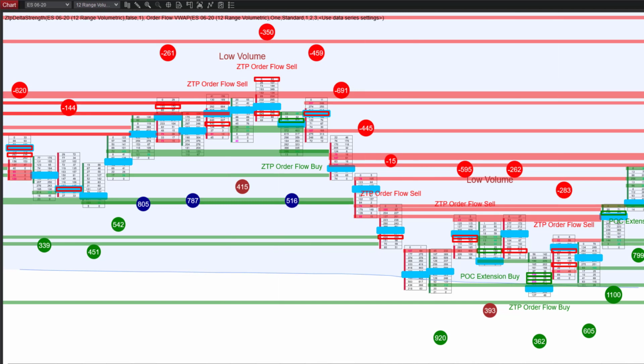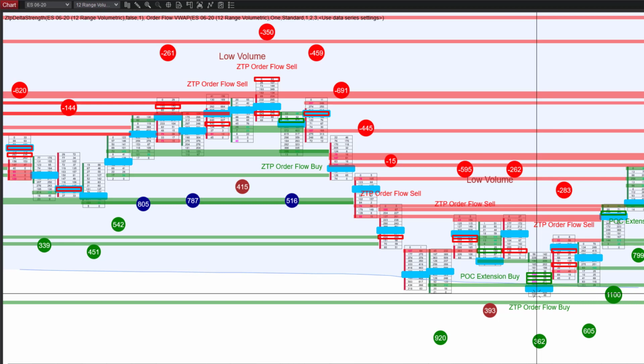Now, as price trades lower, we see our first warning sign that a bottom is being put in right here. We then have a POC extension buy, but look at again what we get at our low. At our low, we get our ZTP order flow.